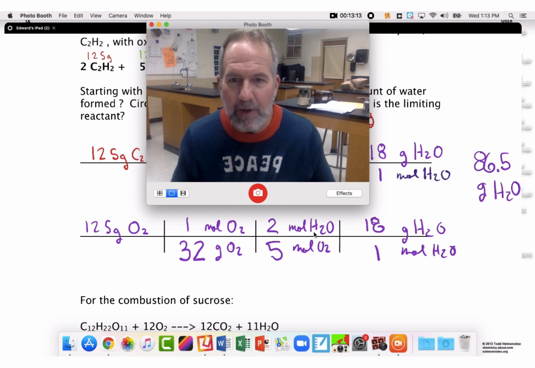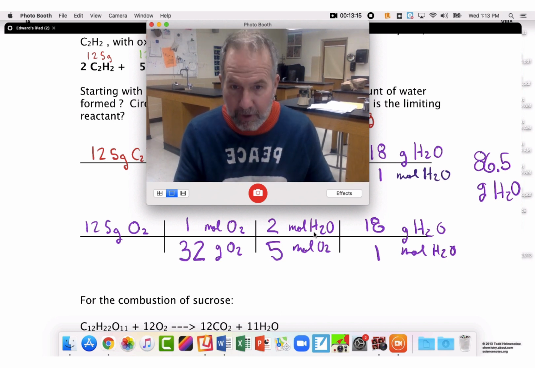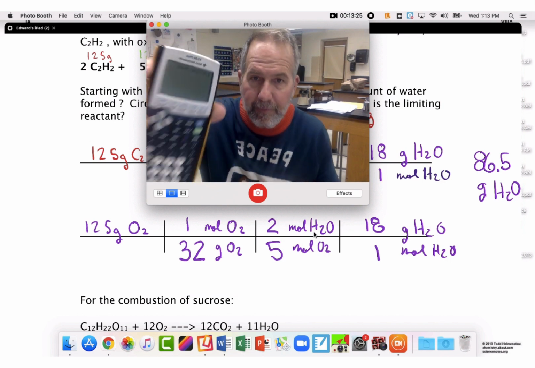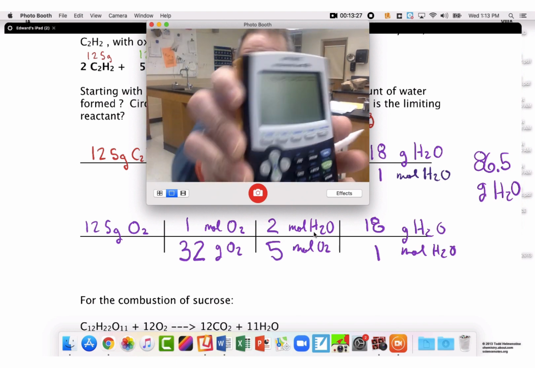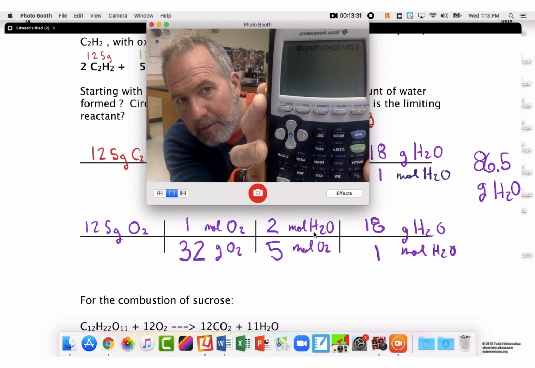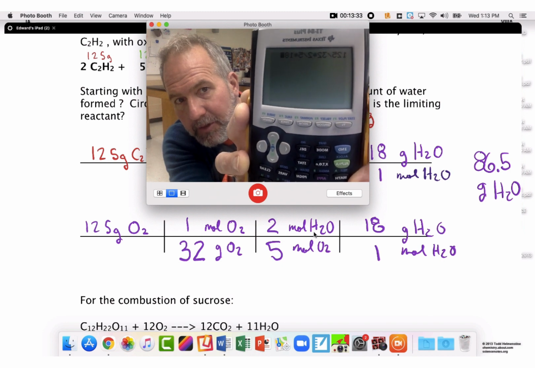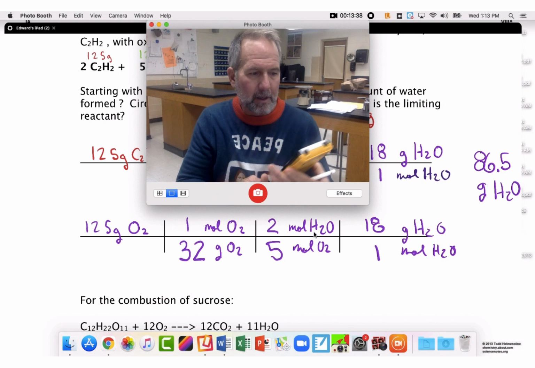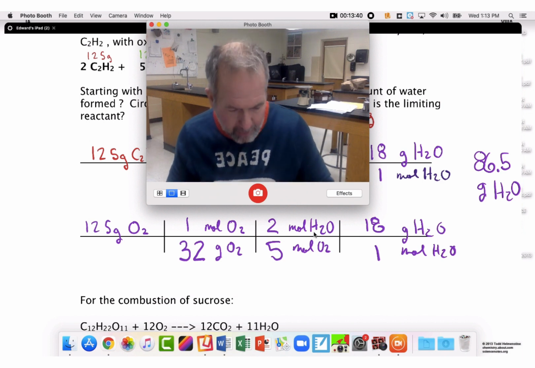So we have 125 divided by 32 times 2 divided by 5 times 18, right? I know it's backwards, but you can see I put divide. I didn't use any parentheses. And that's 28.1.